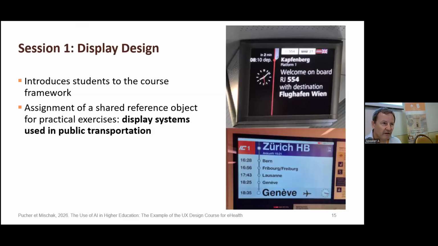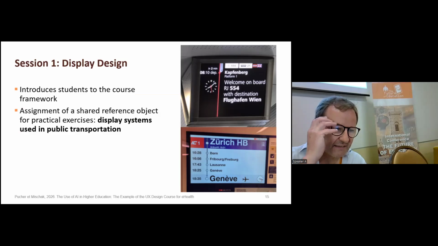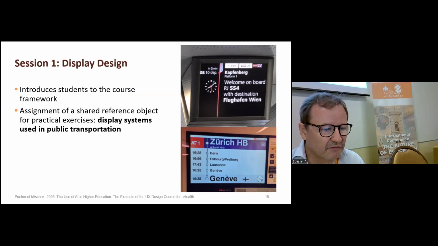So the first in-person session introduces to the main course, and here the students learn UX in the field of display systems used in public transportation. The idea is that there's something they don't need any preparation before.